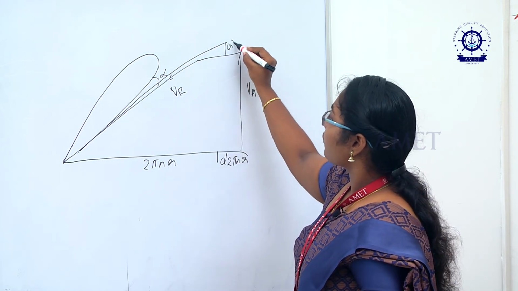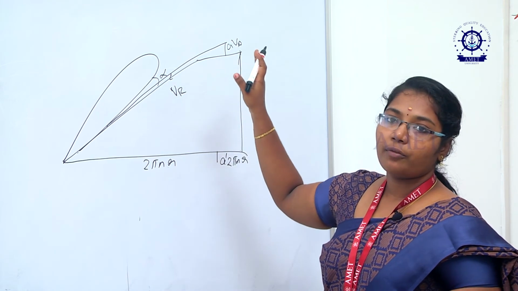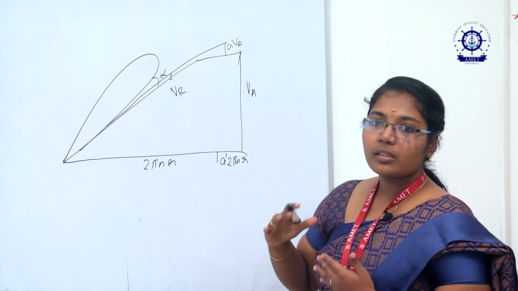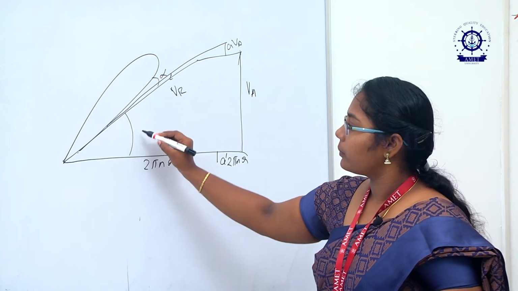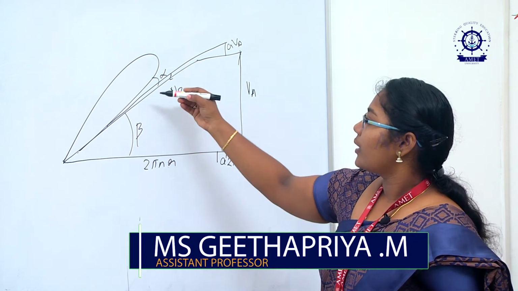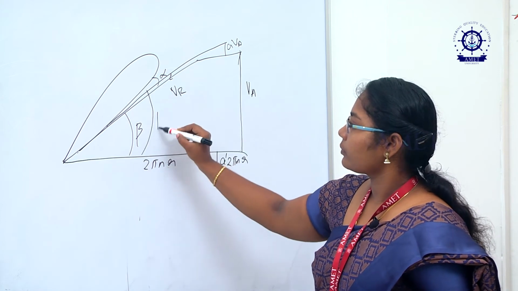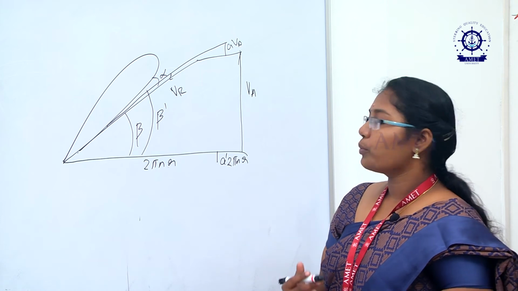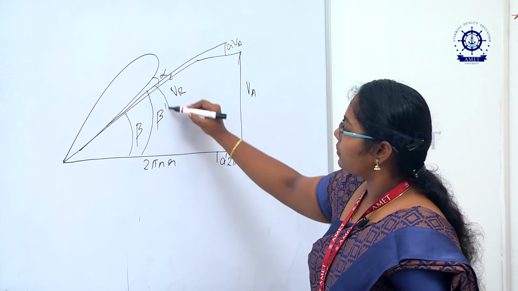This is VA, and that increment we are denoting with a factor A. As I told you, with the initial resultant velocity without considering the induced velocity, we got beta. After considering the induced velocities, the angle the resultant velocity makes is beta dash. We also have to mention our pitch angle, which will be from here to here.